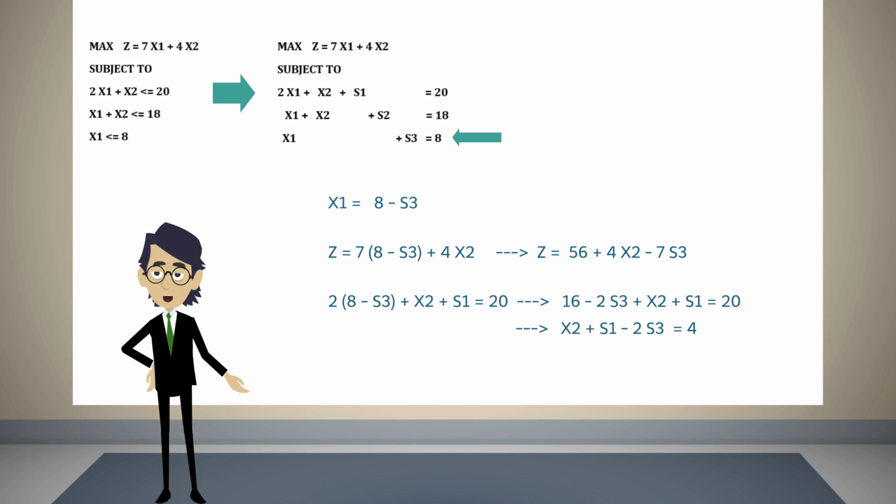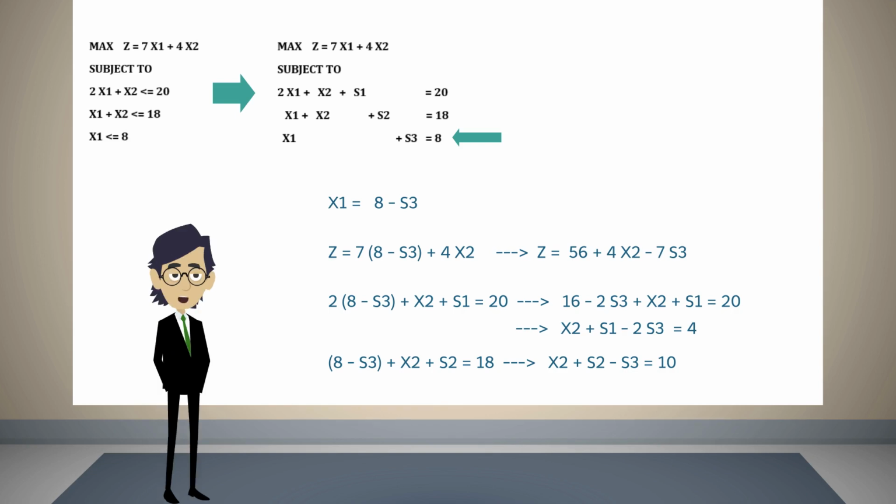Now, we substitute the value of x1 in the second constraint. Now we arrange and simplify. To get the expression, x2 plus s2 minus s3 equal to 10. We should not substitute the value of x1 in the third constraint, since from this expression we solve for x1.